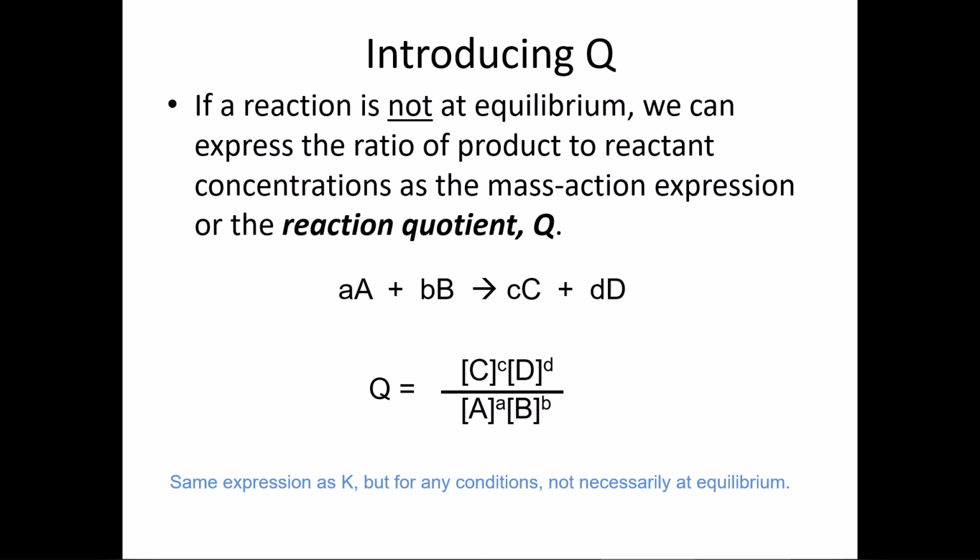Reaction quotient Q is the same expression or ratio that we have for K equilibrium that allows us to calculate the ratio when we're not at equilibrium conditions. Okay, this is just calculating our concentrations raised to our coefficients at any point in time. This can be initial conditions, it can be later conditions at any point that's not necessarily equilibrium.